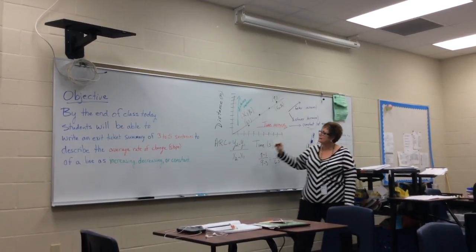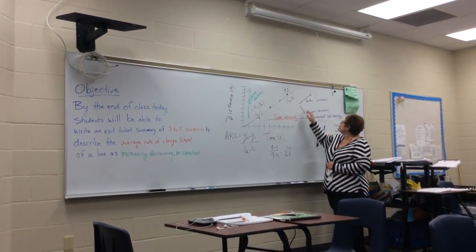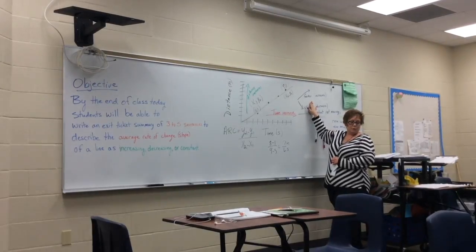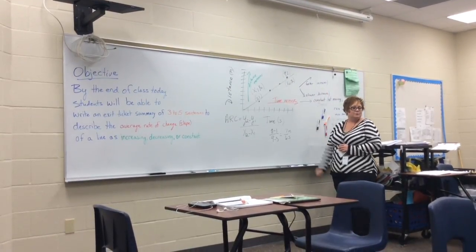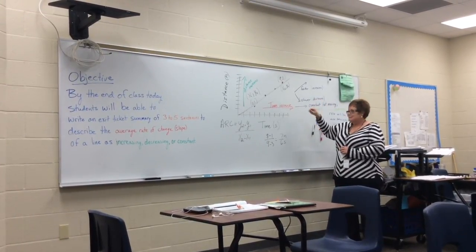Just as a reminder, as time increases, we're moving to the right and the y-axis goes up, our distance is increasing. So if our line goes up, that means we're moving faster, our rate of change is faster, and we're increasing in our rate of change, or speed, or slope is increasing.